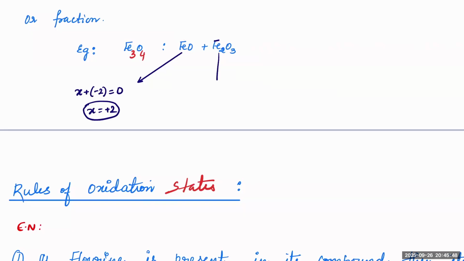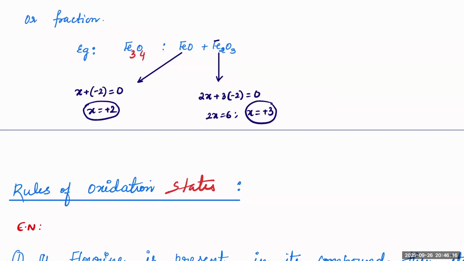While here, there are two irons, 2x plus 3 times -2. Overall, there is no charge on the molecule, so it is 0. So 2x is equal to 6, or x is equal to +3. So the charge on this iron is +3. For one iron, the charge is +3. Clear?